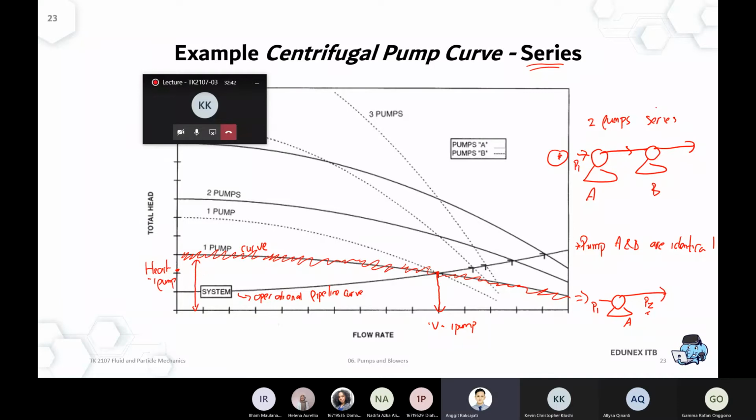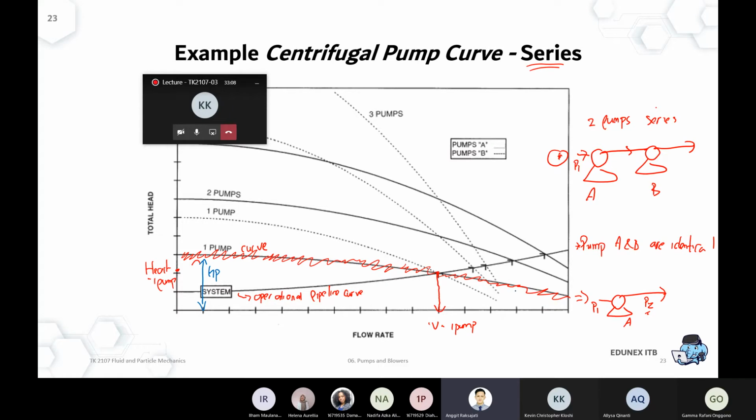That's the head of the pump generated at each flow rate. Let me change the color to make it clearer. At a certain flow rate, that would be the head pressure generated by the pipeline. At a smaller flow rate, it will result in the highest head generated.